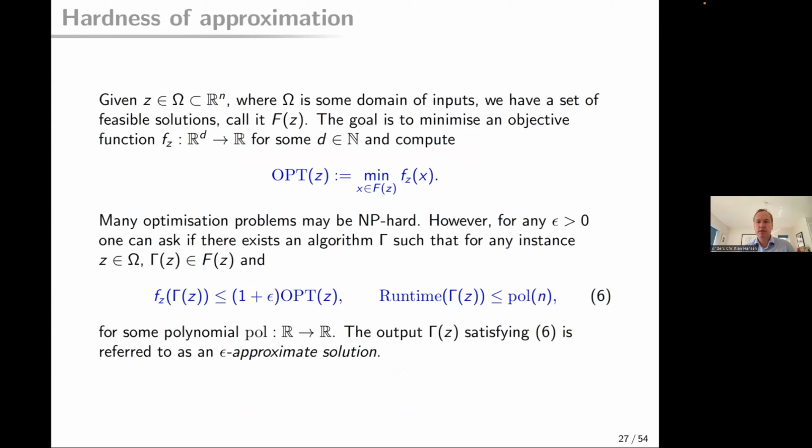And typically what you end up with in hardness of approximation is that you have a combinatorial problem that you would like to solve, say traveling salesman or something like that. And then you realize that this is going to be an NP-hard problem. And what one tries to do then to compensate for that is to be a little less greedy and say, what if we can compute now the optimum with some error, an approximation to it? So some epsilon approximation to that optimum.